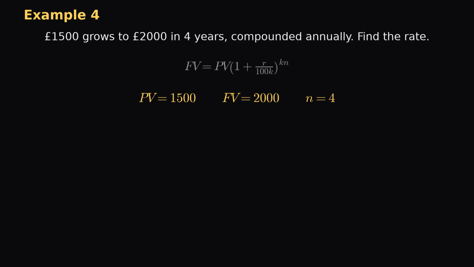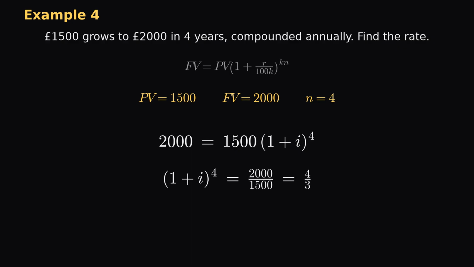Example 4. Solving for the rate. £1,500 grows to 2,000 in 4 years, compounded annually. Find the rate. 2,000 equals 1,500 times (1 plus i) to the power 4. Divide. (1 plus i) to the fourth equals 2,000 over 1,500, which is 4/3.